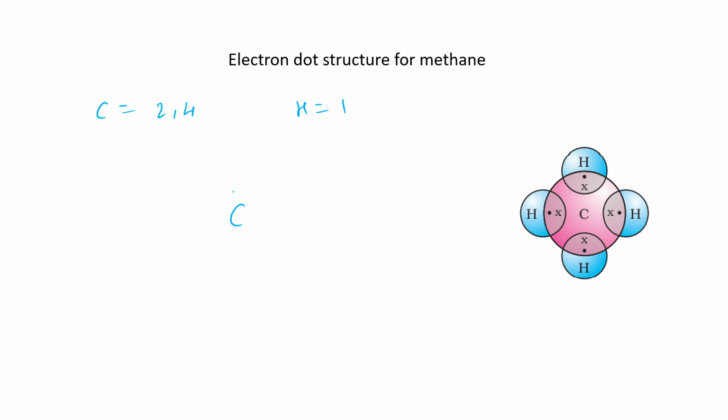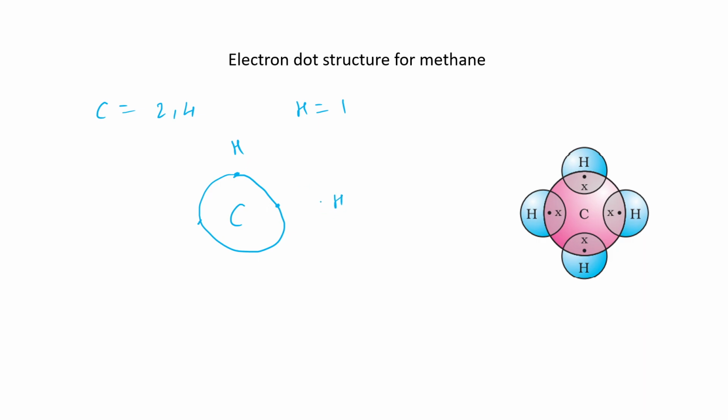So here we have this carbon, and in the outermost shell how many electrons does it have? 1, 2, 3, and it will be 4 electrons. And what will happen next?